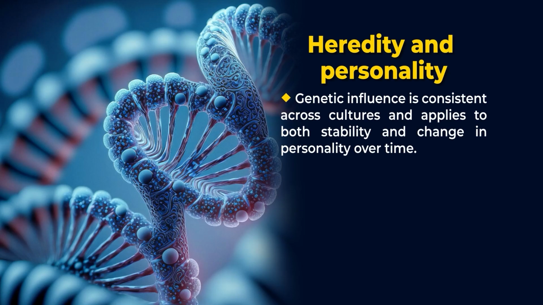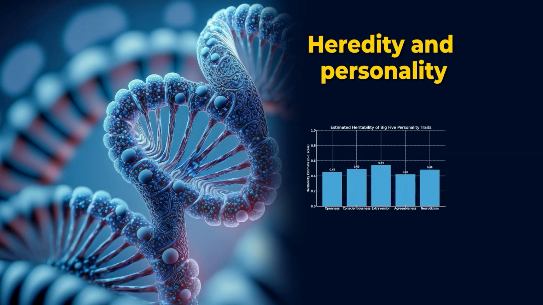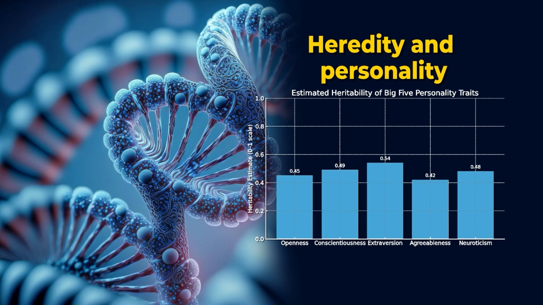Genetic influence is consistent across cultures and applies to both stability and change in personality over time. If you look at the bar graph, you would see that each trait shows moderate genetic influence with heritability ranging from about 0.42 to 0.4, reinforcing the idea that personality is shaped by both genes and environment.